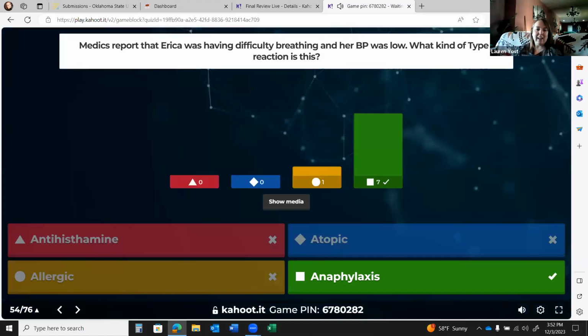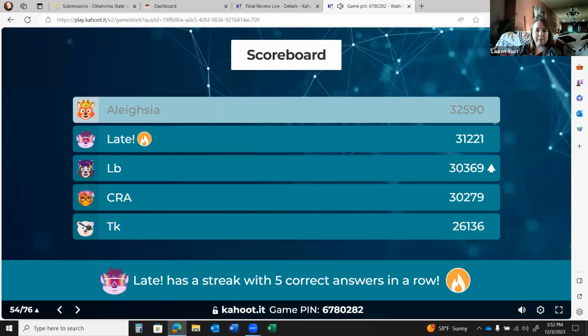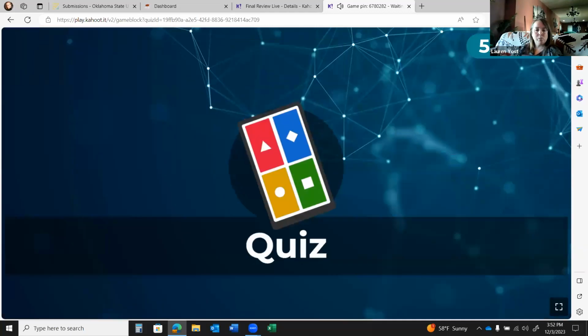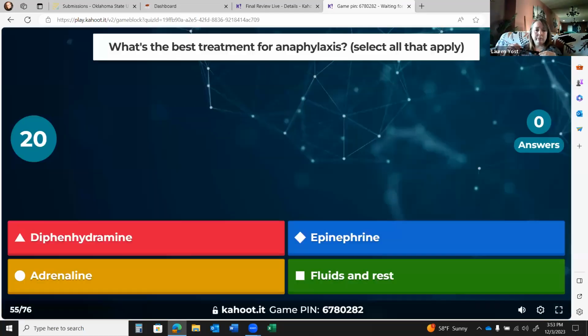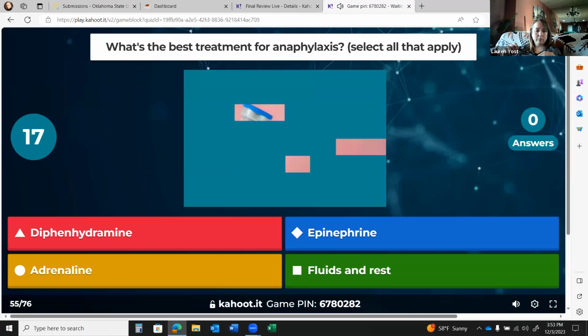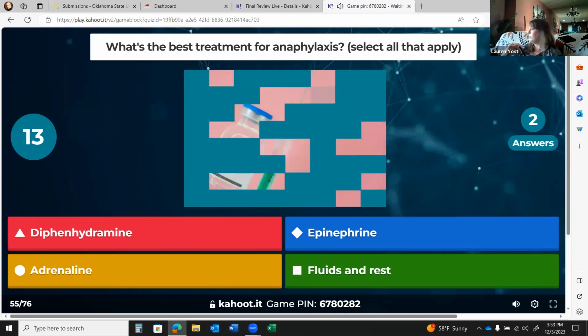Yeah, so technically it is allergic and anaphylaxis, but more specifically, we're going with anaphylaxis here. So, yeah. All right, what is the best treatment for anaphylaxis? You can select more than one on this one.